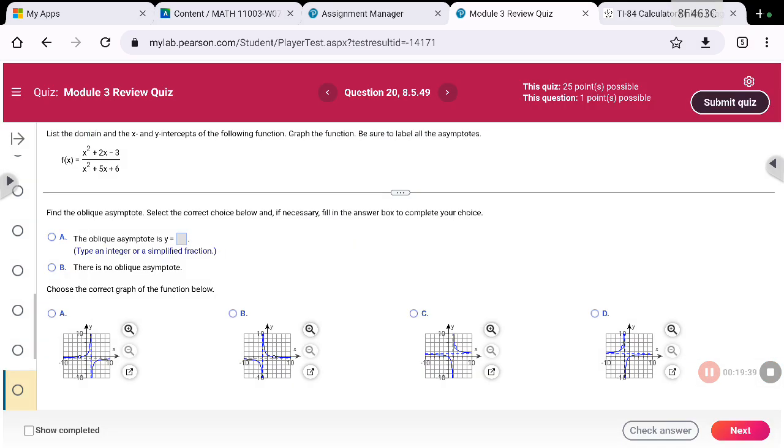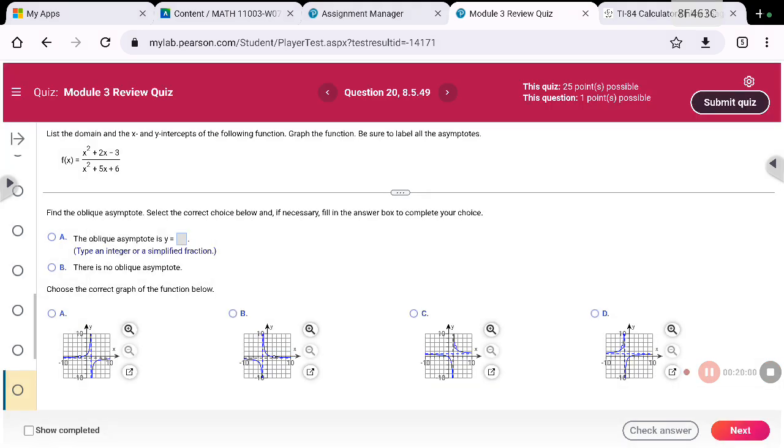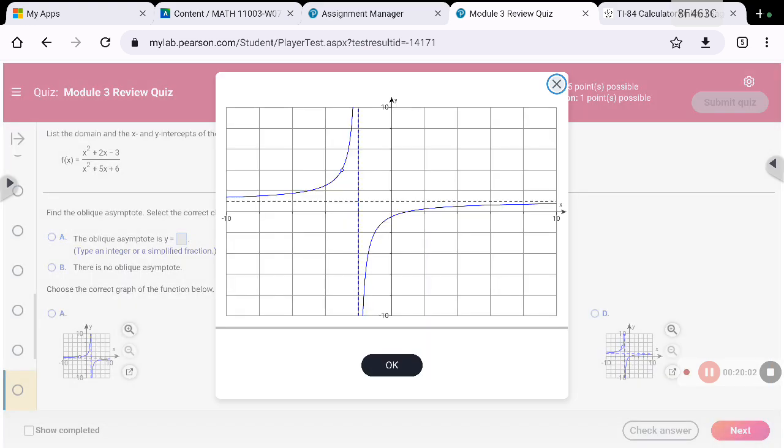Looking at C. Again, your vertical asymptote should be at x equals -2. So it is not that one. That one's at x equals +2. So let's look at D. Vertical, x equals -2.